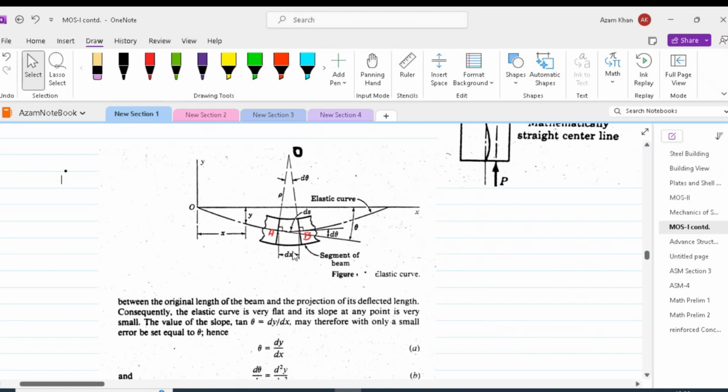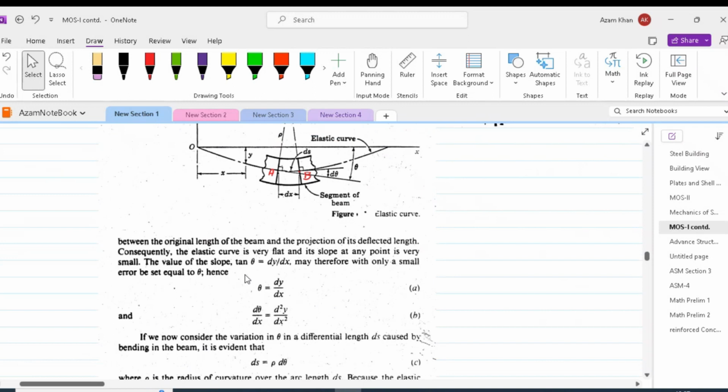So we can write the slope would be equal to tan theta equal to dy by dx. The tangent drawn at point A will make an angle theta with the horizontal axis, and tan theta would be equal to dy by dx. If we want to find the exact theta at point A, we will have to put the dy and dx values corresponding to point A.